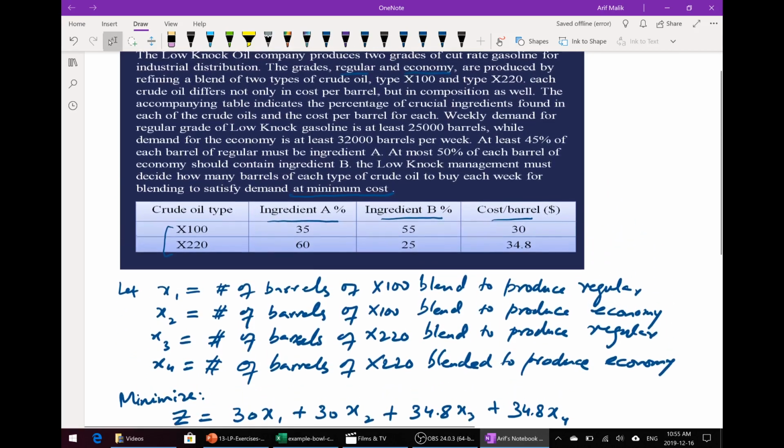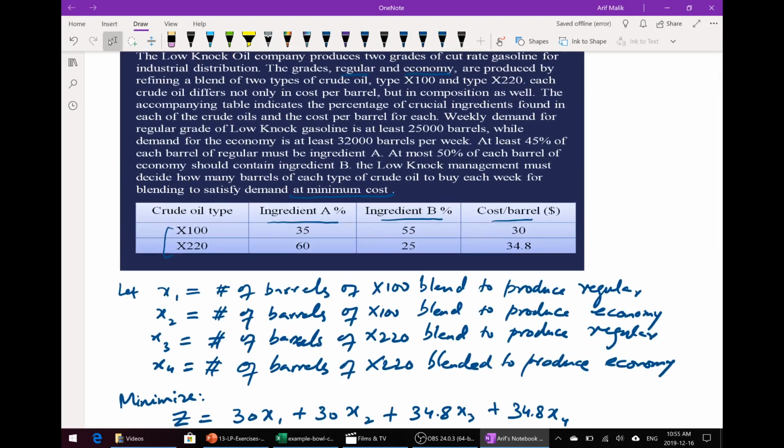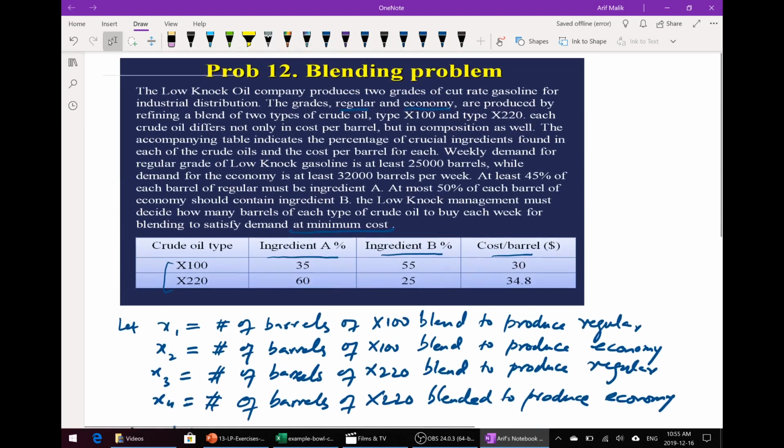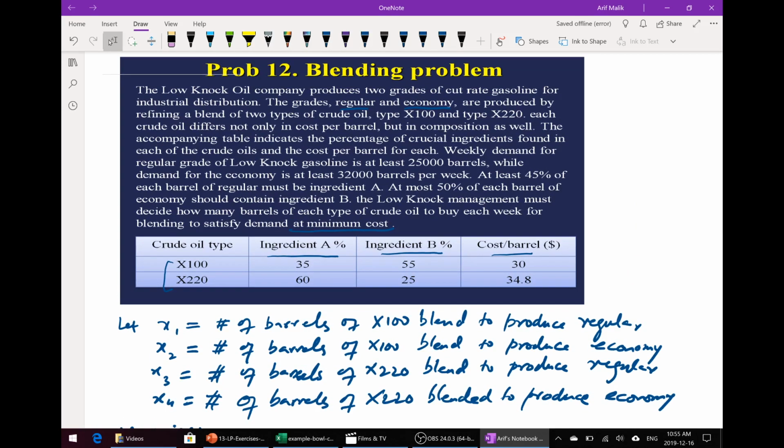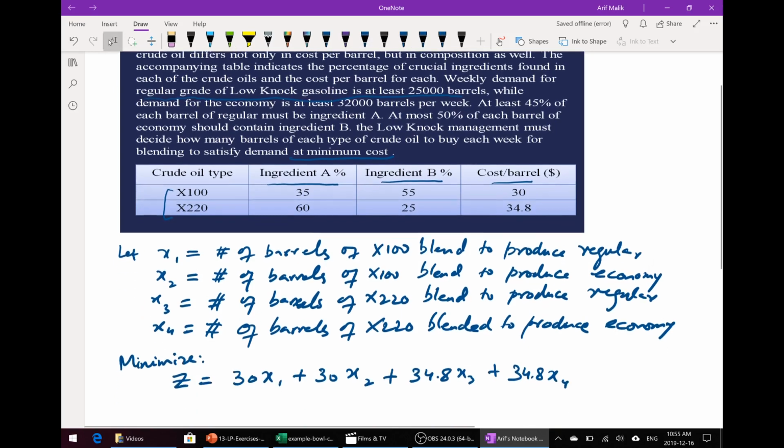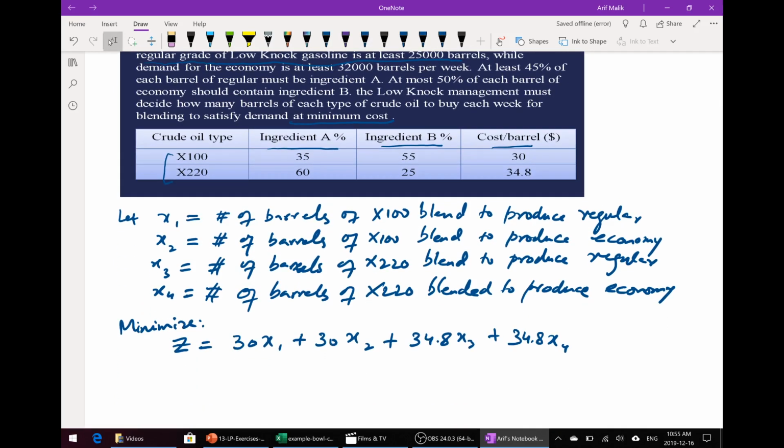Now it says that the weekly demand of regular grade of low NOx gasoline is at least 25,000 barrels, and regular is produced by these variables here. X1 is the number of barrels of X100 blended to produce regular, and X3 is the number of barrels of X220 blended to produce regular.